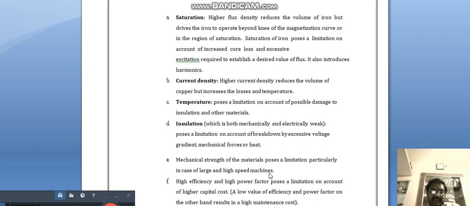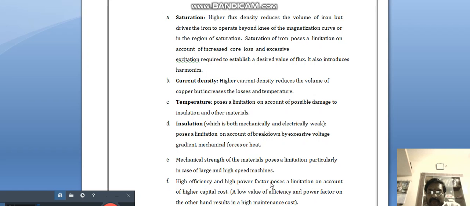Final one, high efficiency and high power factor impose limitations on account of high capital cost. When we go for highly efficient machines, the materials we use for the machine will be of higher cost. So when we go for higher power factor and high efficiency machines, automatically the cost of the machine will increase.